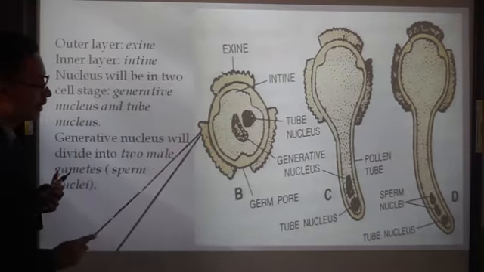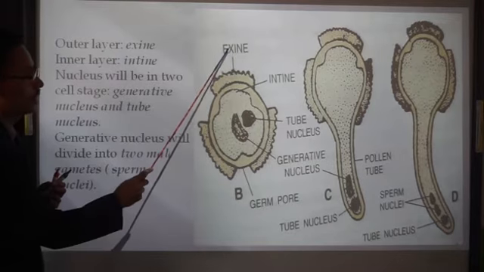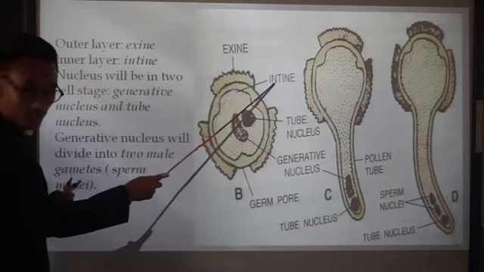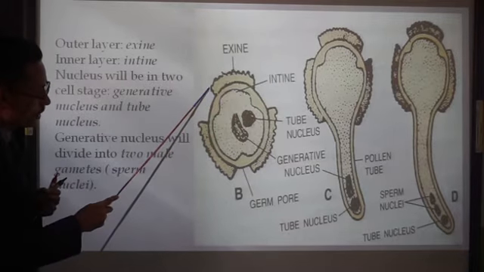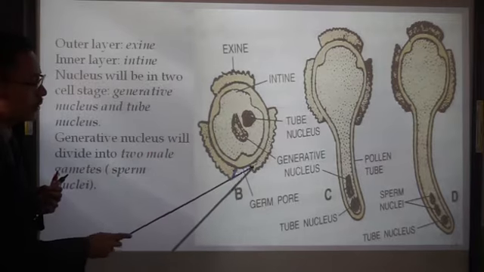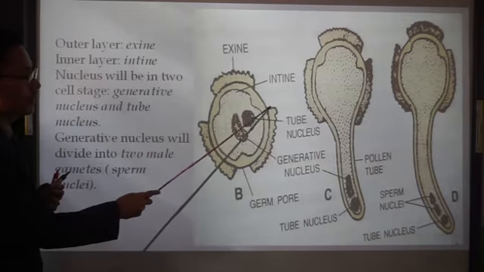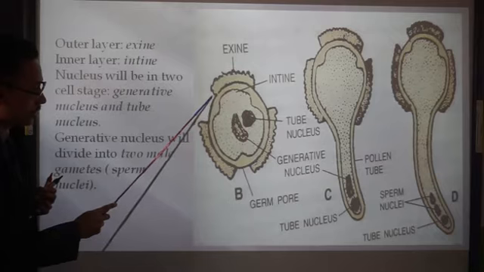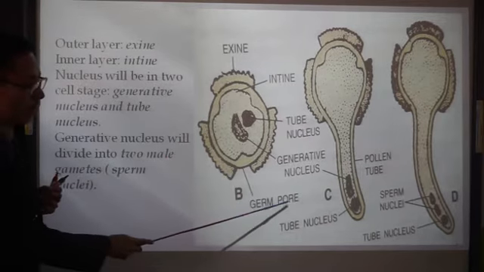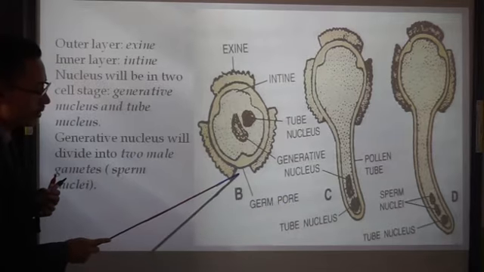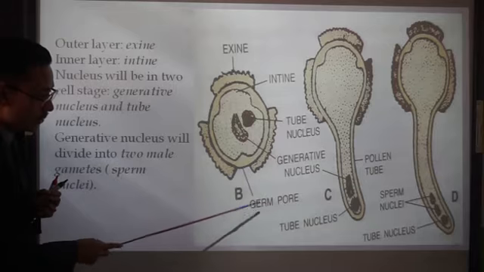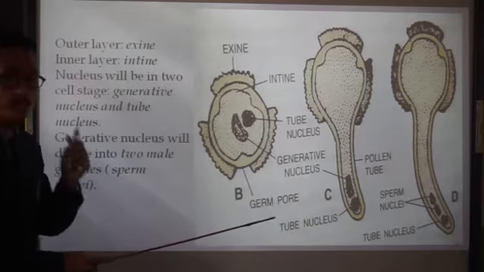So exine usually covers the entire pollen grain, but at a particular point, there is a small gap where exine is absent. This particular region where exine is absent is called the germ pore, and through the germ pore the pollen tube will emerge.